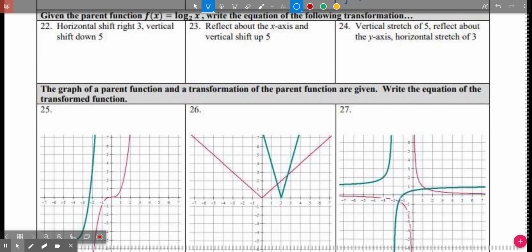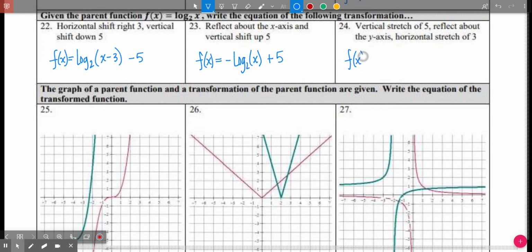In number 22, we're using the logarithm. So f of x is equal to, they use a base of 2, so log base 2. I have a horizontal shift right 3, so x minus 3 inside the log, and down 5, so minus 5 outside the log. In number 23, I'm reflecting about the x-axis, so negative log base 2 of x plus 5 outside for my vertical shift up.